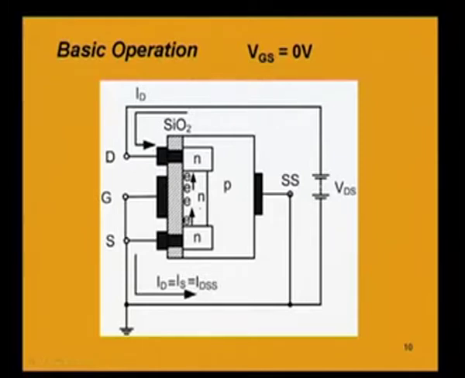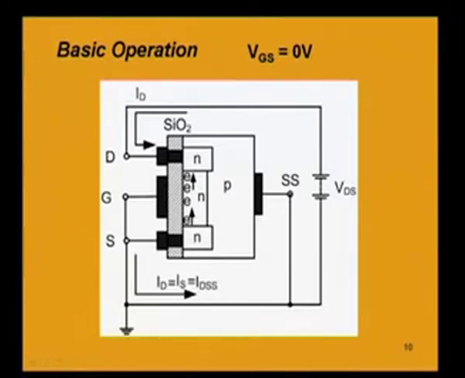So, these electrons will be attracted by the positive terminal of the drain to source voltage. So, there will be flow of electrons through the n channel between the two n type materials. So, the conventional current flow will be as shown in this arrow mark, and that current, say, the drain current, is flowing and it will be entering into the negative terminal of VDS.